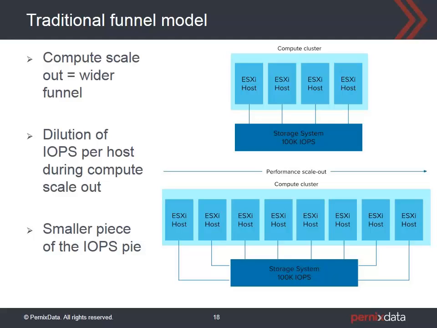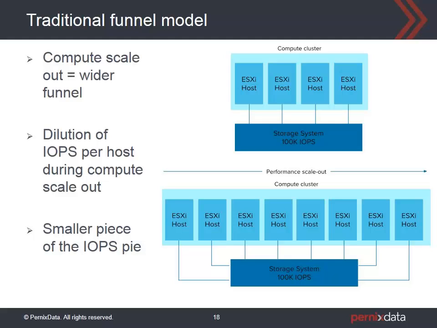Yeah. So what happens is you're going to do a performance scale out on compute resources, but your array remains the same. So your array still provides 100K of IOPS, but now you need to distribute those IOPS to the new systems as well.